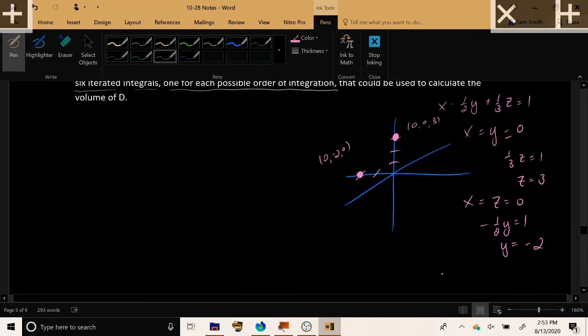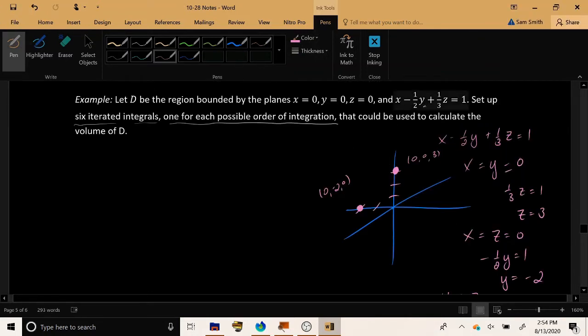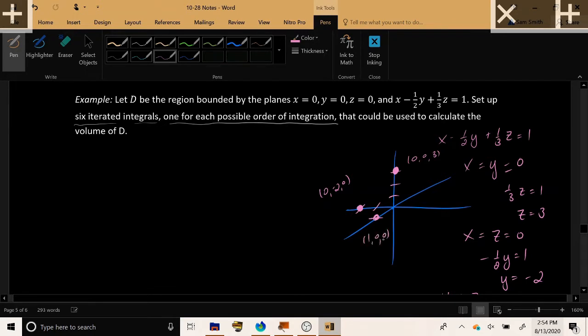And finally, if y equals z equals 0, in that case the x-coordinate equals 1, because both the y and z terms in the plane have vanished. That gives me the point right here, 1, 0, 0. The plane we're dealing with stretches between these 3 points at a slant.